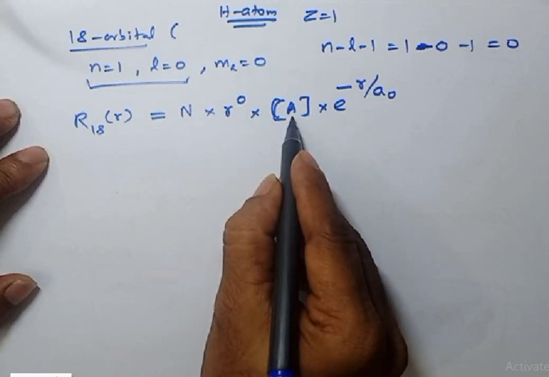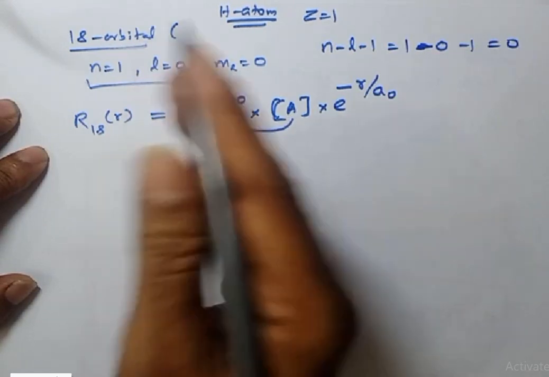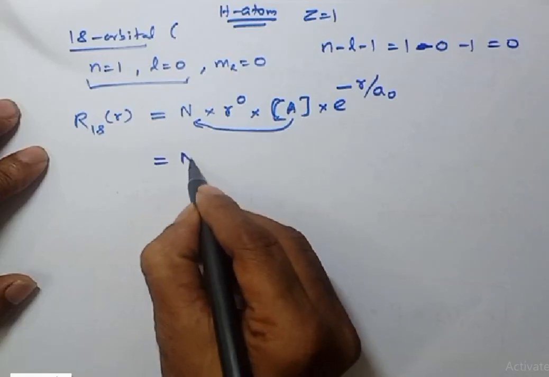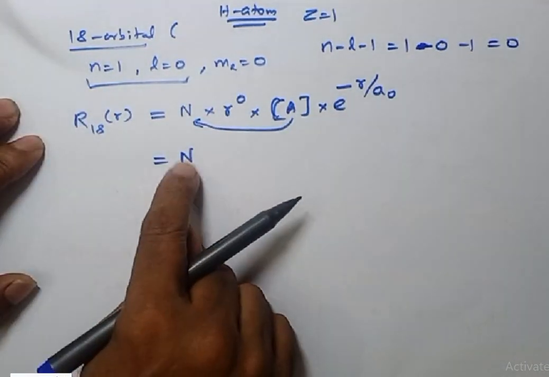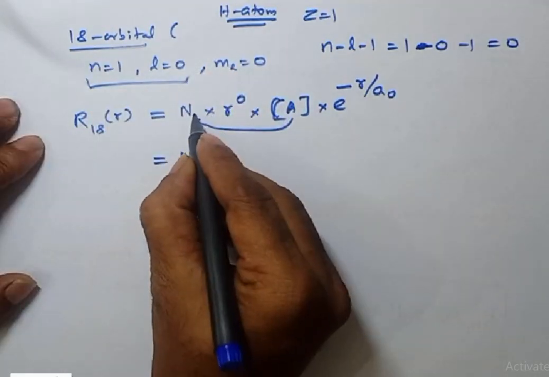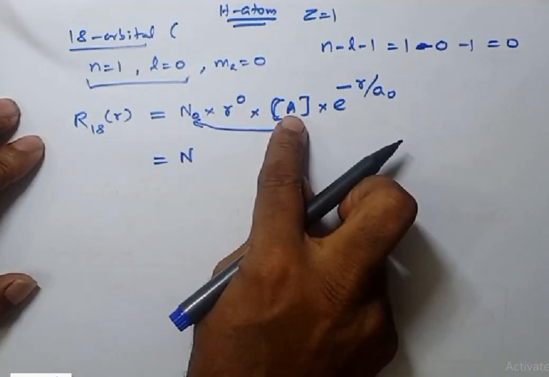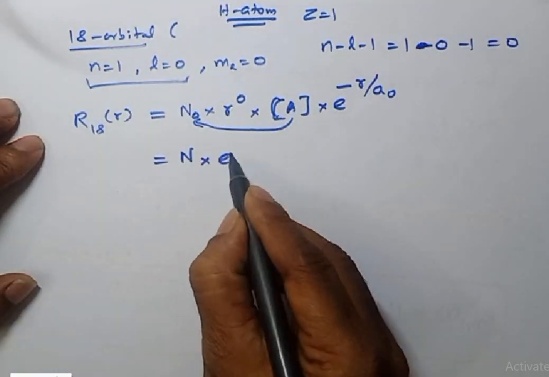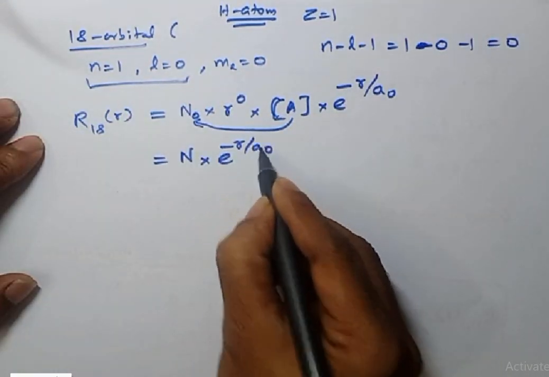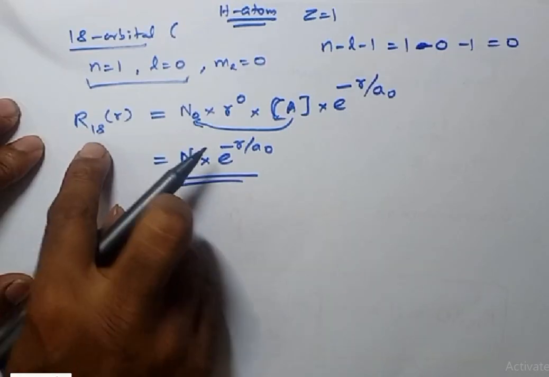This is just a constant, right? Constant into N will give another constant. Let me write that as normalization constant N. Just a normalization constant, don't worry about this N and don't compare. Or if you want, you can put N0 here, N0 into a will give you another constant N, into e to the power minus r by a naught. This is the radial part for the 1s orbital.